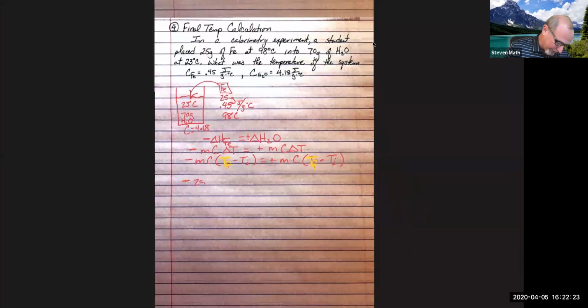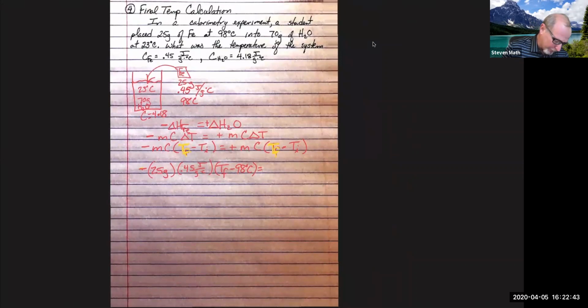The iron was 25 grams and the specific heat was 0.45 joules per gram Celsius, times TF minus 98 degrees, is equal to the mass of the water, which in this case was 70 grams, the specific heat 4.18 joules per gram Celsius, and TF minus 23 degrees.